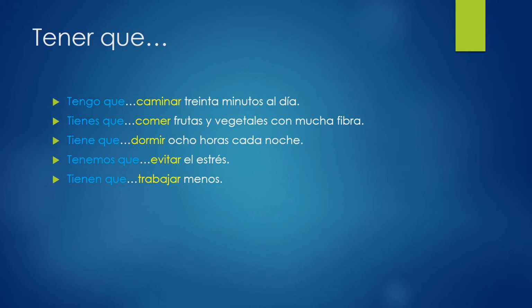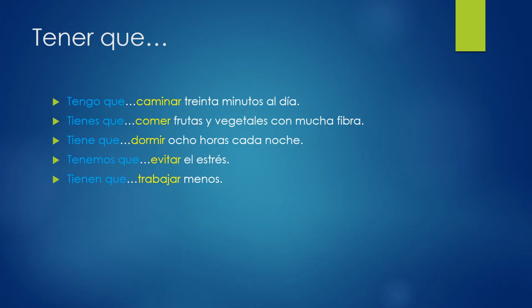Another way of doing this is by using tener que. Tener que is very similar, however, you can conjugate the verb tener. For example, tengo que caminar 30 minutos al día. I have to walk 30 minutes a day.